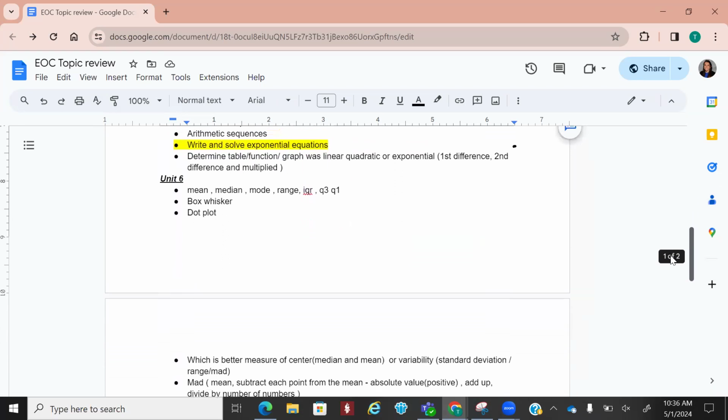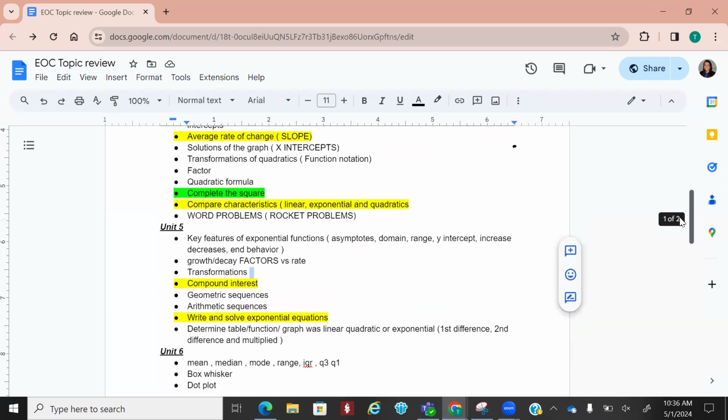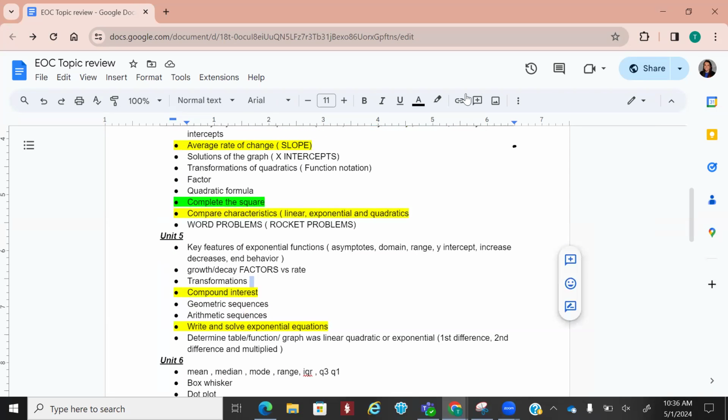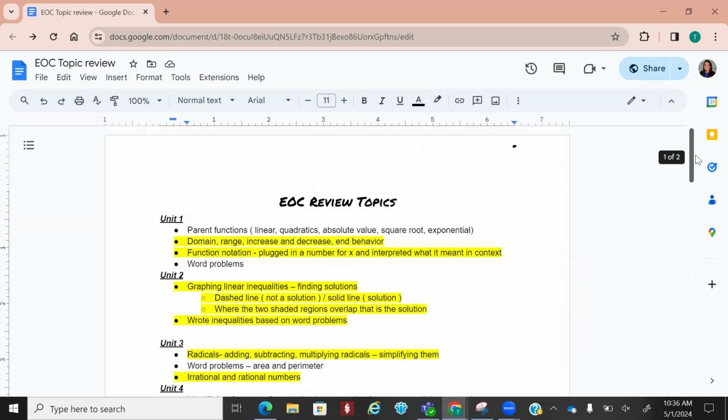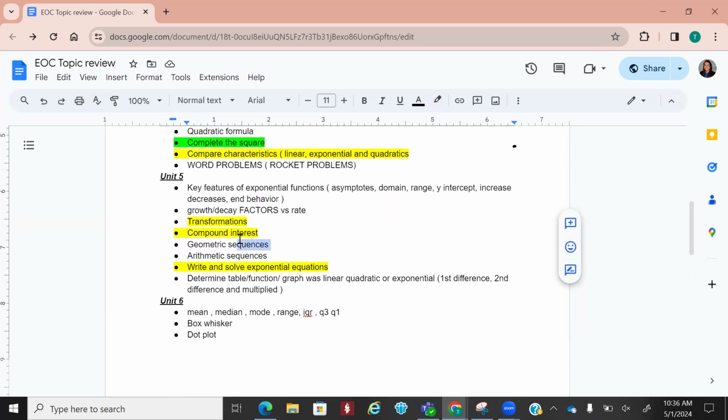Okay, yep. Transformations, under which one? Unit 5. Okay. Anything else? Function notation. And behavior, domain and range. Okay. All right.